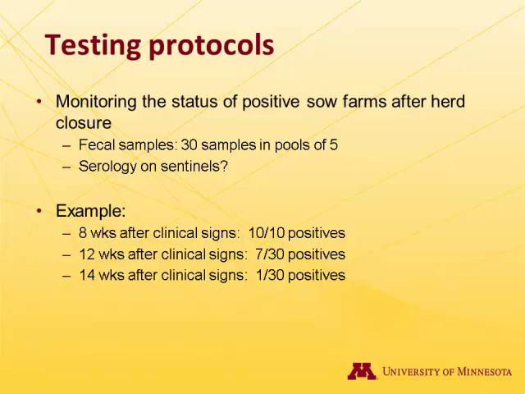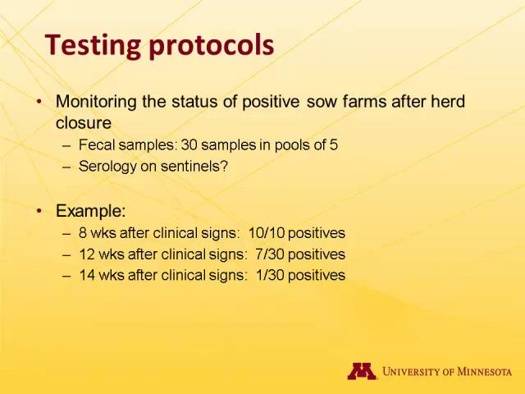But 12 weeks after the clinical signs, they were at pretty much normal production, but they still had 7 out of 30 positives. And then 14 weeks after clinical signs, we still picked up 1 positive out of 30.